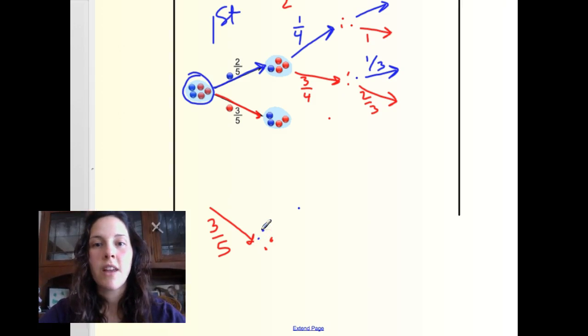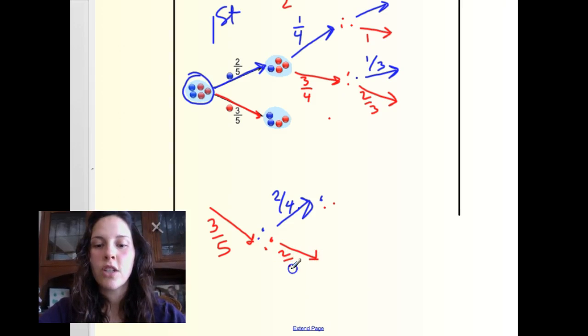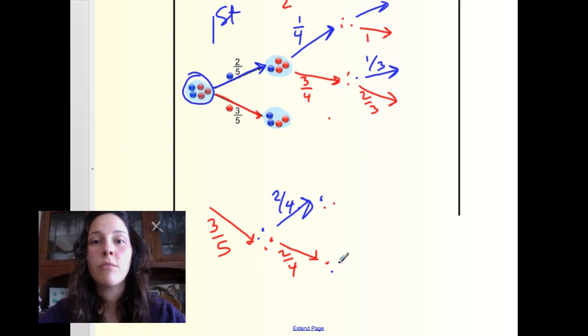So from there, again, that was my first pull if the red marble was on my first pull. So the chance that I get a blue marble on that second pull would be 2 out of 4, and there would be 1 blue marble left with 2 red. So if I pulled a red, I again have a 2 out of 4 chance, but this time I would have 1 red marble left and 2 blue. So that would be my second pull if the first pull was red.